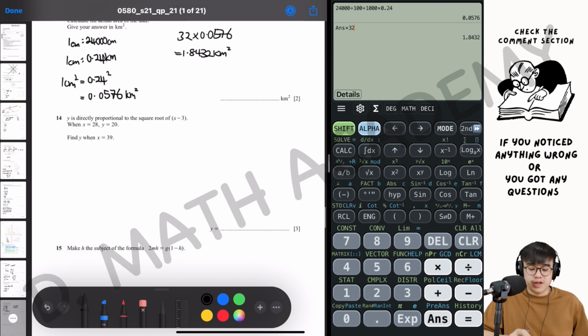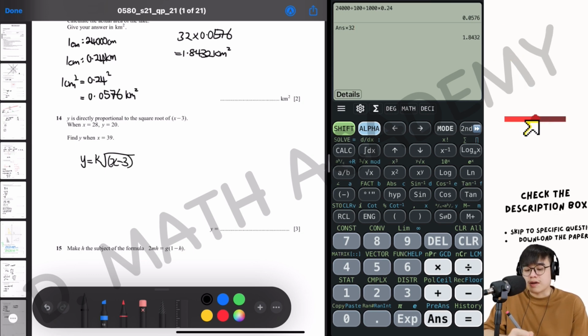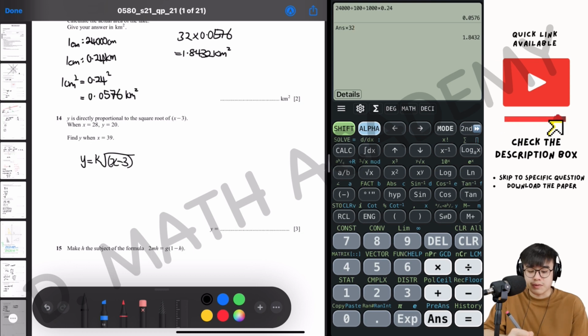So for question 14, y is directly proportional to the square root of this. So that will actually be k square root x minus 3. So from these results here, you have to identify your k first by substituting your 20 and 28 into the results.